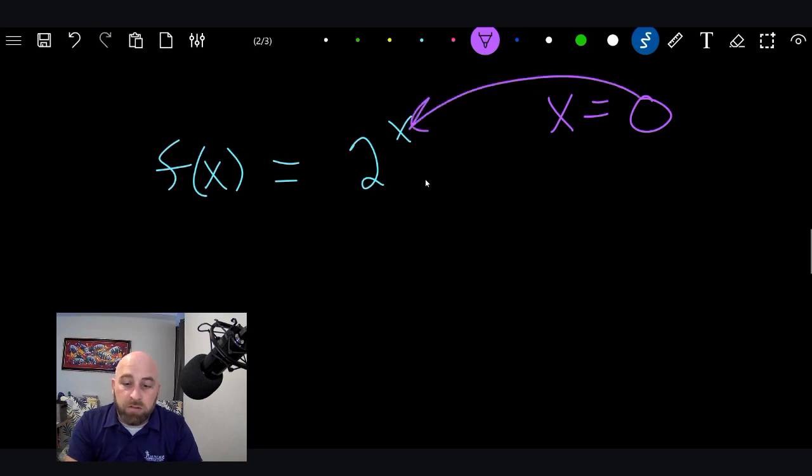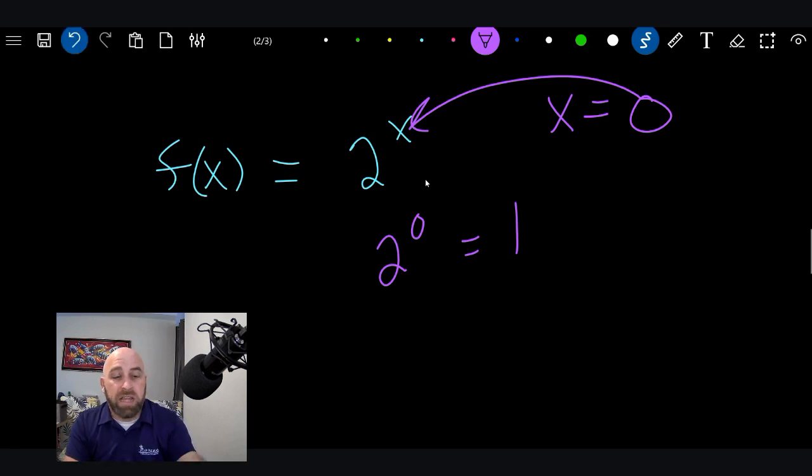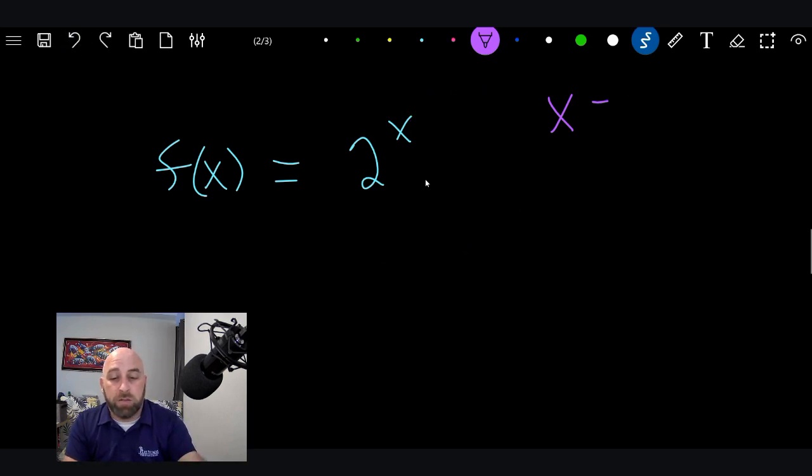So substitute that in and we get 2 to the 0. Well, immediately you should remember the rules for 0 exponents. Anytime you get a 0 exponent, the answer is always 1. You don't even have to try to figure anything out. 2 to the 0 equals 1. Anything to the 0 power always equals 1.